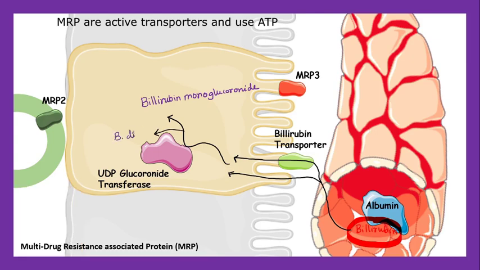For the next part of the discussion, we will be referring to bilirubin monoglucuronide as BMG and bilirubin diglucuronide as BDG.